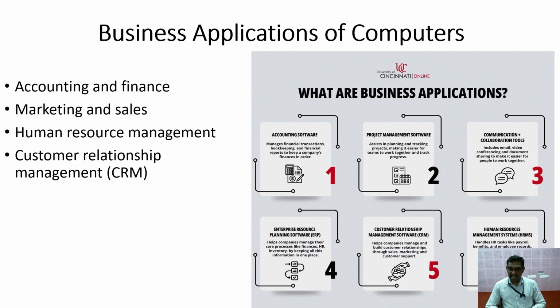They can share data, get feedback from the customer, and sell the product in the easiest ways. So communication and collaboration software grew rapidly with the help of the computer.